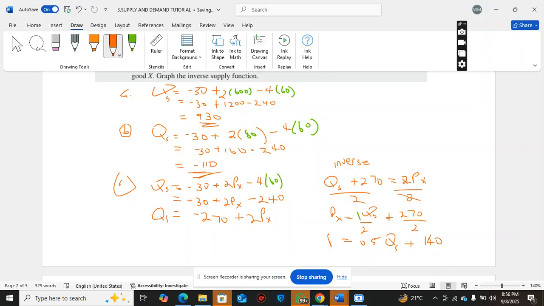If I wanted, I would have left it like this: Qs over 2 plus 270 over 2.